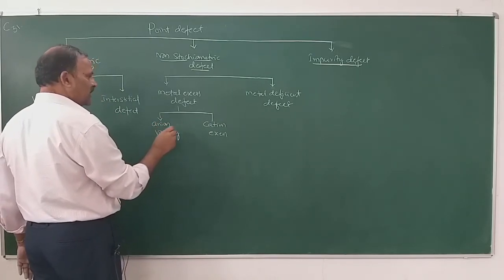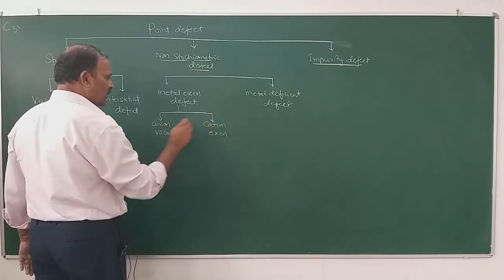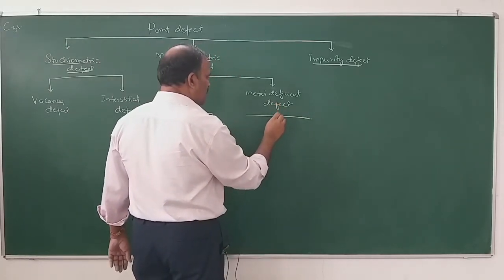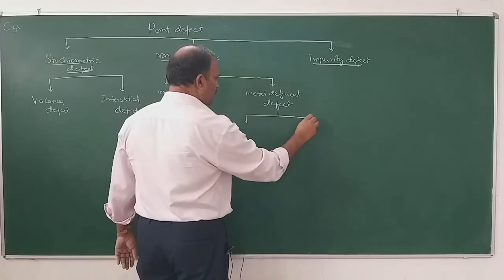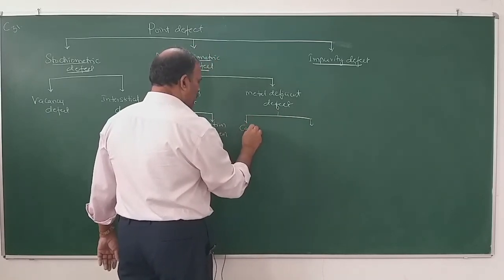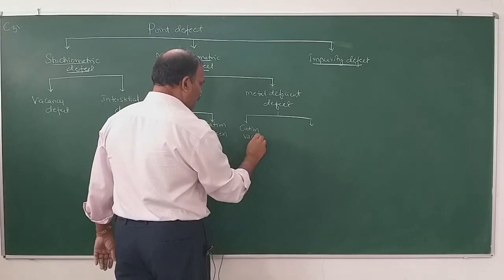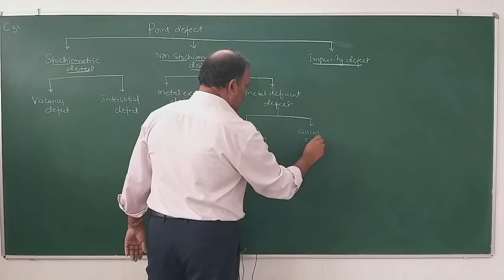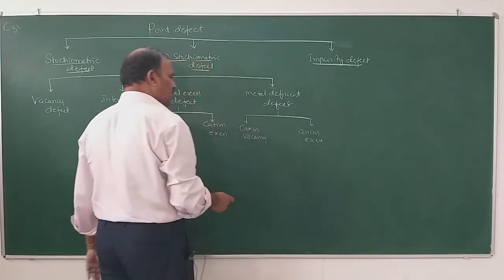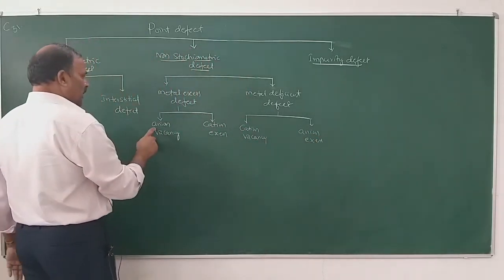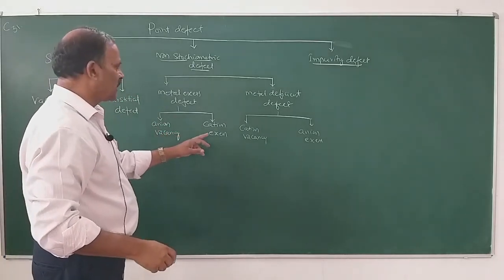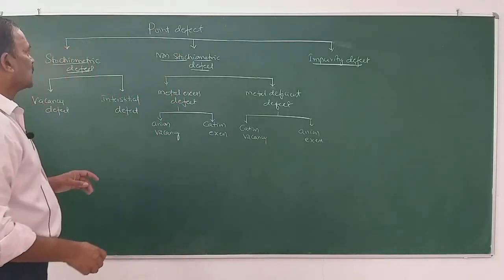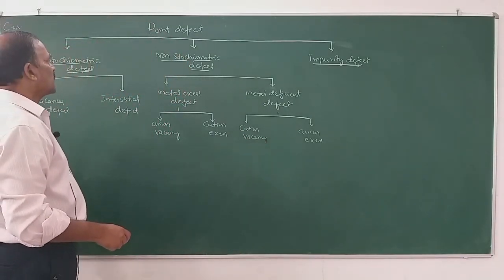Anion vacancy and second one is cation excess. So here also in metal deficient defect, again there are two types: cation vacancy and anion excess defect. So anion vacancy, cation excess, cation vacancy, anion excess. So these are all the different types of point defects.